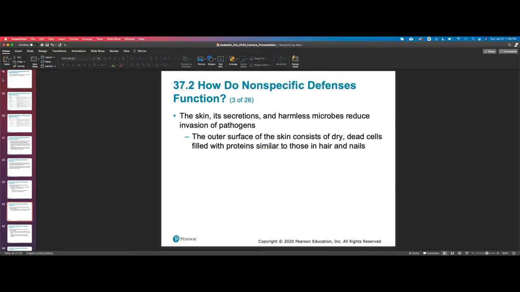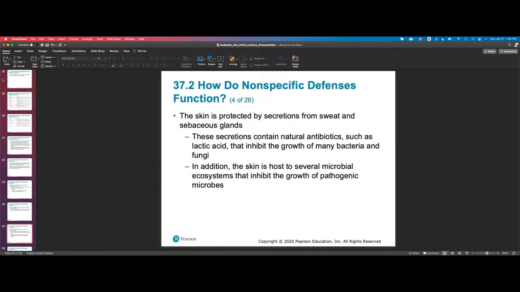As those dead cells slough off, it's going to be replaced by a new layer of dry dead cells. And the idea is that the surface of your skin, because it's interacting with the external environment all the time, if you're constantly making a new layer, that reduces the likelihood that harmful bacteria can establish a colony on you.